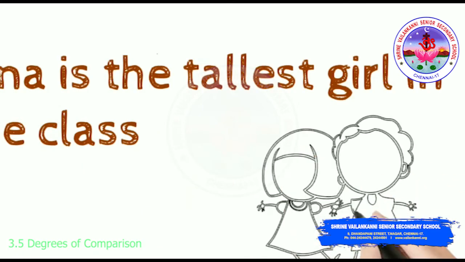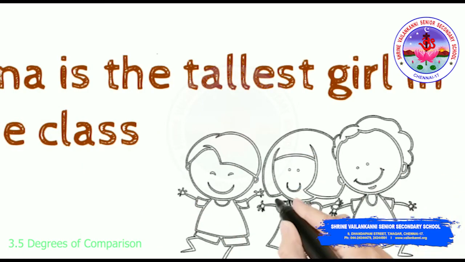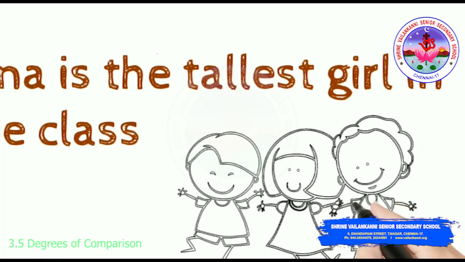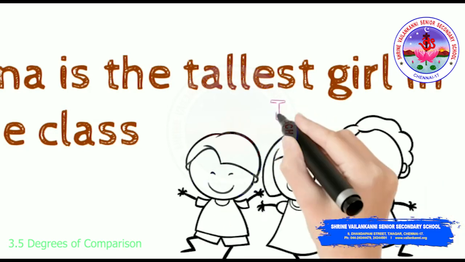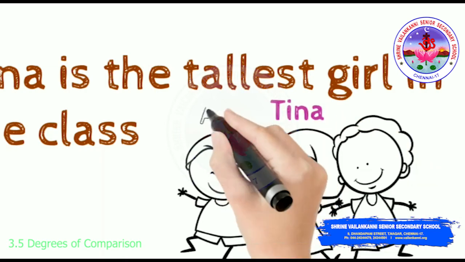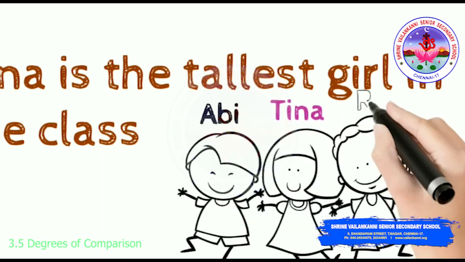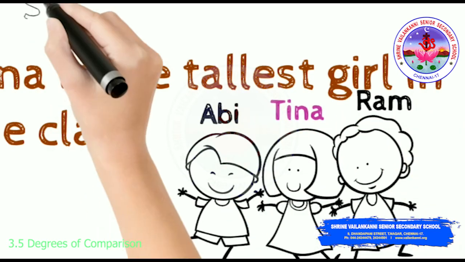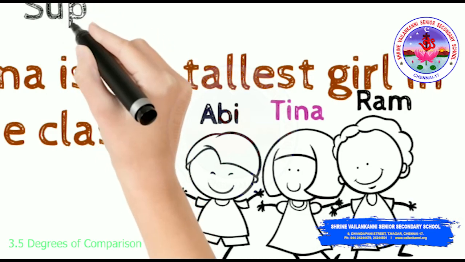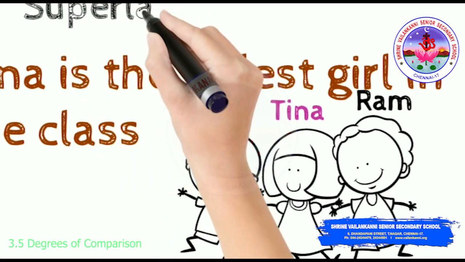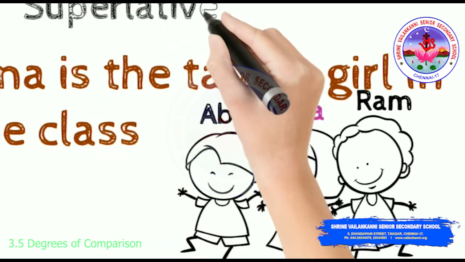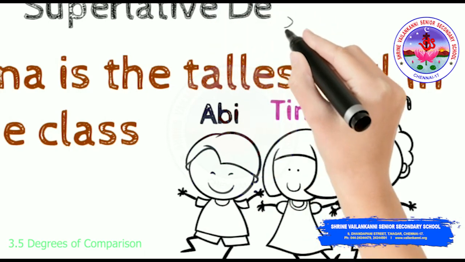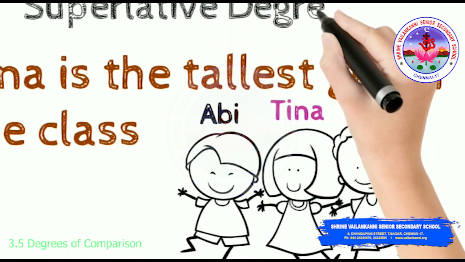This sentence is the superlative degree, which means she is compared to the class. So, when you are comparing one person to two or more people, we are using the superlative degree by adding EST to the adjective. We will see the 3 kinds of comparison now.